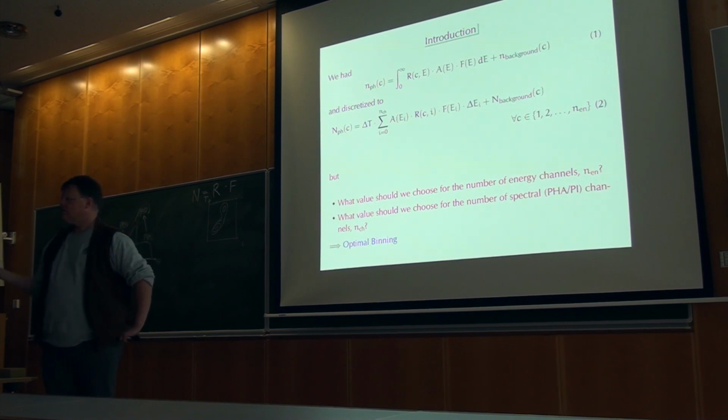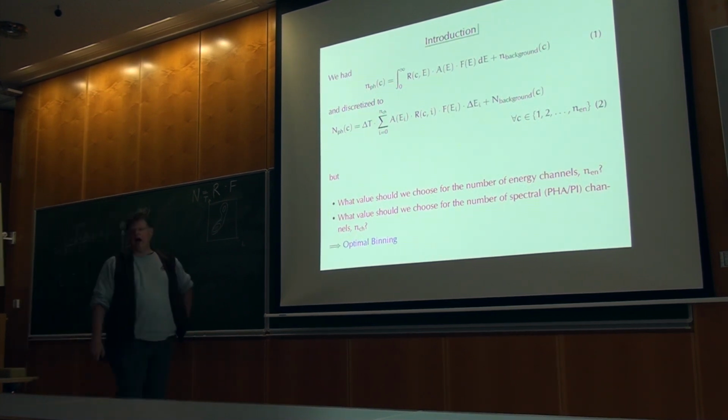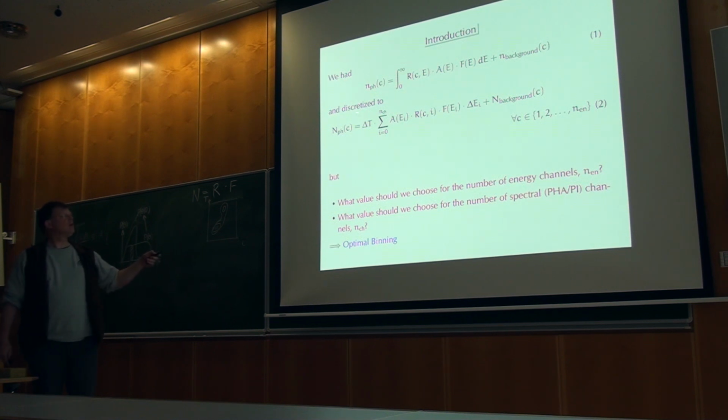And this is summarized by Wilms. In other words, how many different energy channels should we use when we integrate here over dE? How do we do this in order to make sure that whatever we calculate here as the sum really approximates this thing up here?